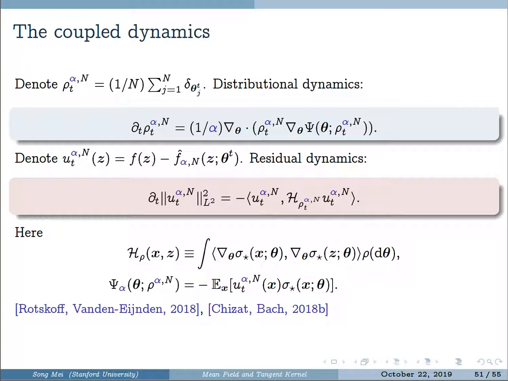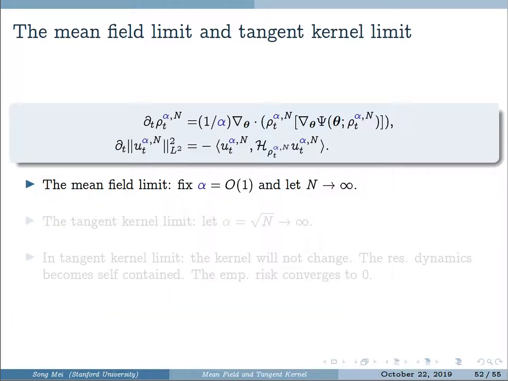So the H will change along with time. If you couple these two equations together, the first equation describes the motion of the empirical distribution of the neurons, and the second equation encodes the decay of the training error. The decay of the training error depends on the kernel H, the H depends on the empirical distribution rho_t, and rho_t changes according to this distributional dynamics.